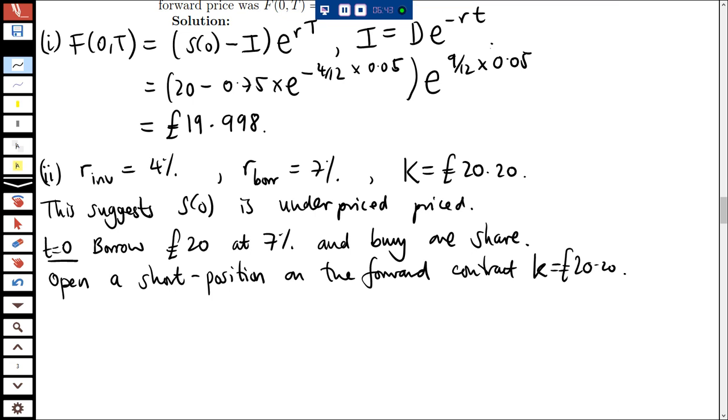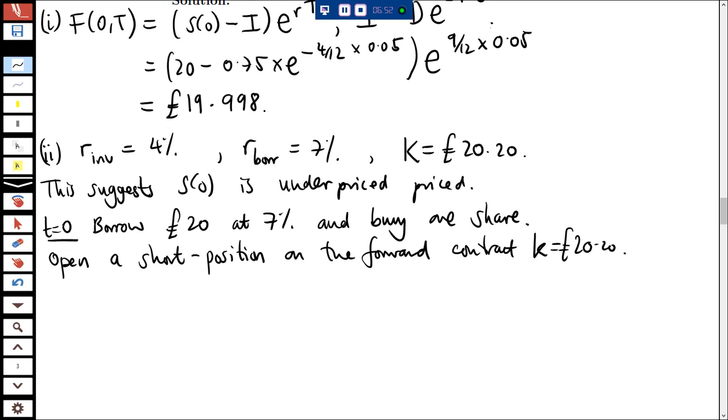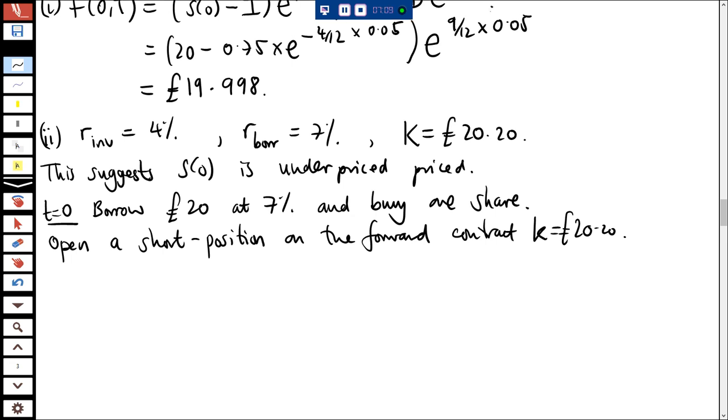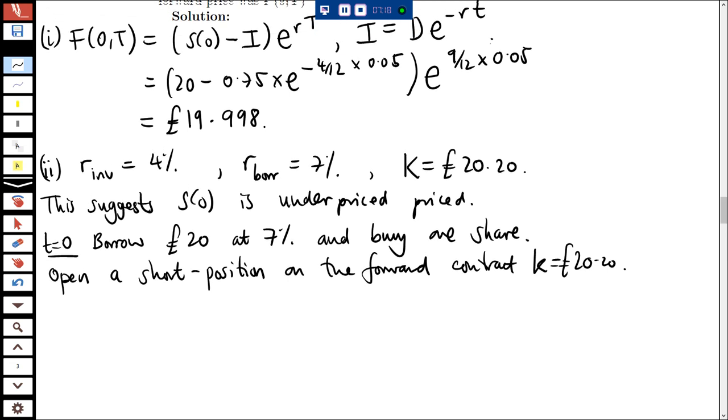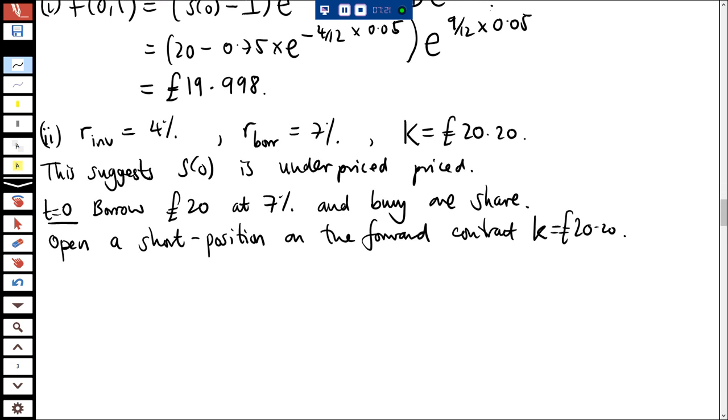Okay, we have a dividend to deal with after 4 months, so we need to be a little bit careful here dealing with this. So we know the dividend is 75p in 4 months. So we need to split up this £20 so that in 4 months a certain amount can be released for the dividend. So we need that £20 we borrow.